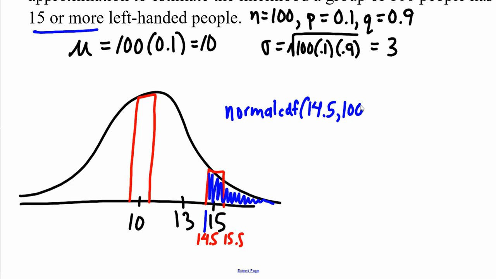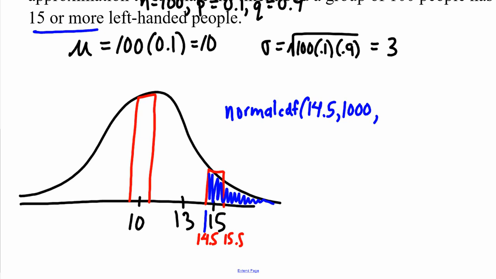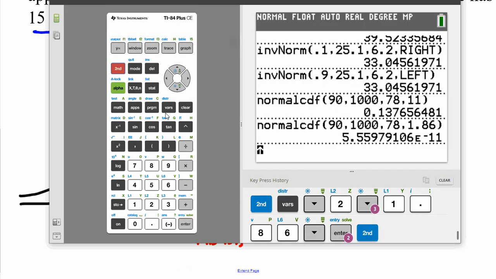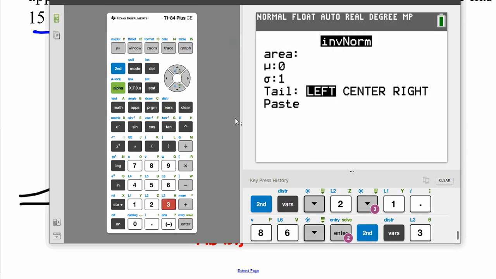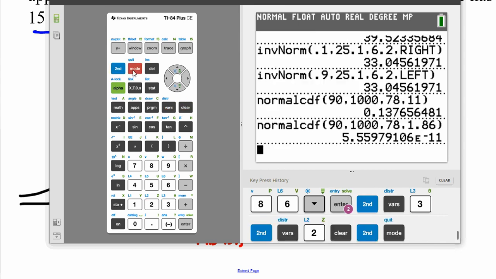You could just pick a big number. Why 100? Because I said there were 100 people in here, so the most you could get is 100, but 1,000's fine. We're approximating anyway, it'll be big enough. Average is 10, standard deviation is 3, and then I run it. So normal CDF. Oh, I did inverse norm. I don't want that. It's a function inside a function.